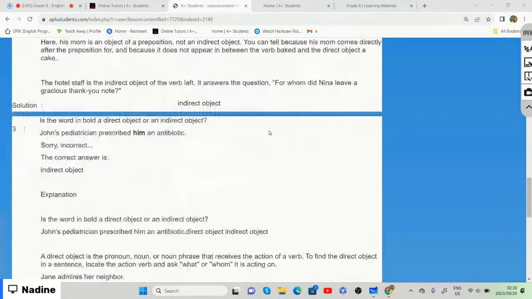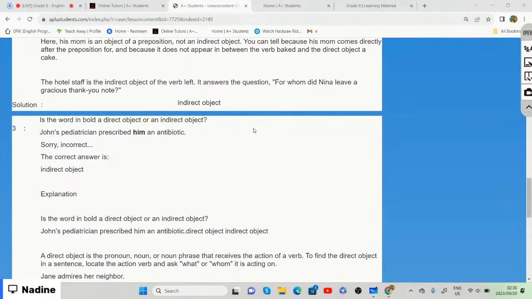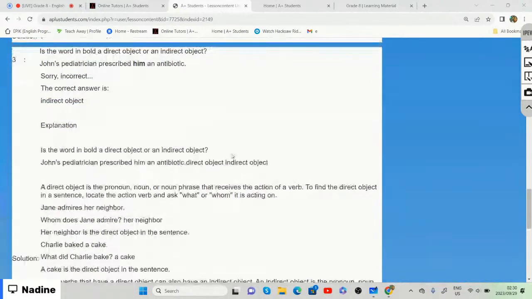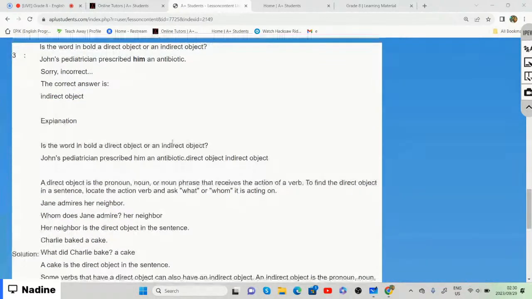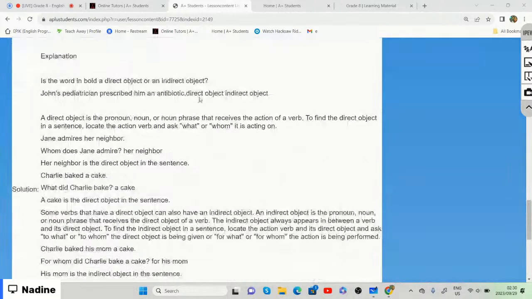John's pediatrician prescribed him an antibiotic. So him. We need to say if it is a direct object or an indirect object.